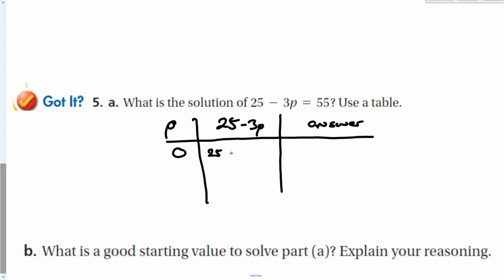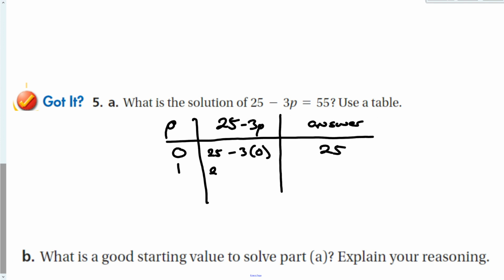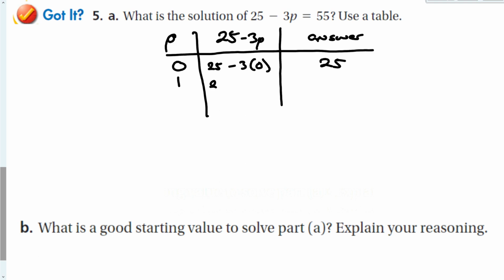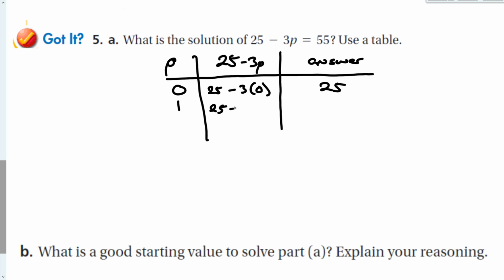That's 25 minus 3 times 0, which is going to be 25. Watch what happens when I plug in a 1. We get 25 minus 3 times 1, which is going to be 22.